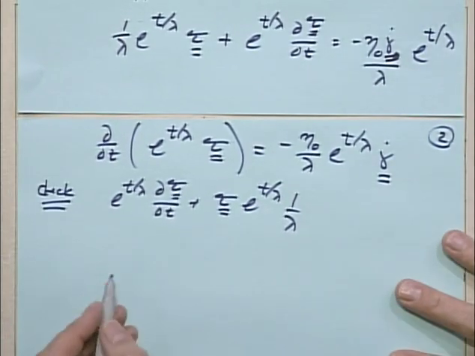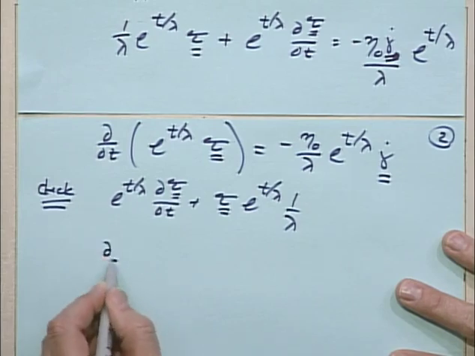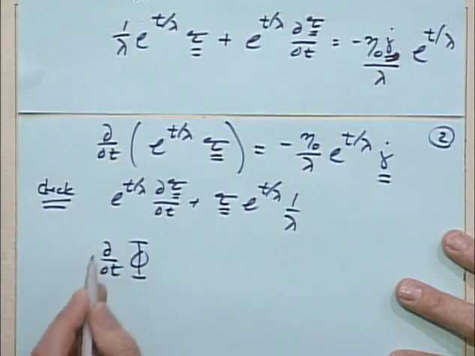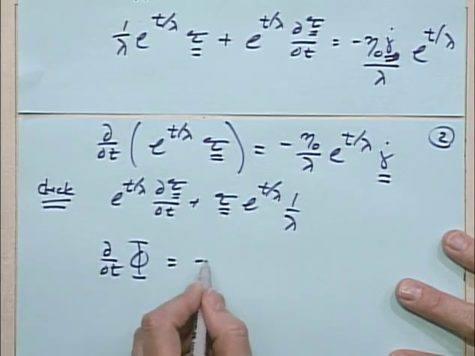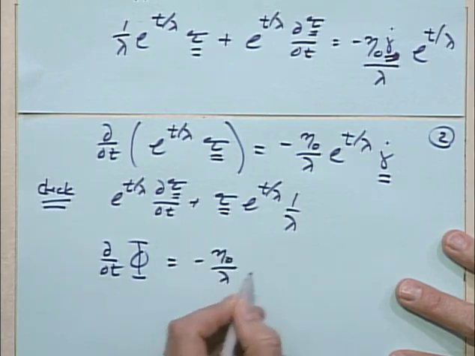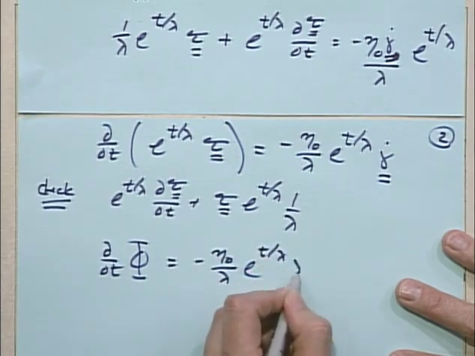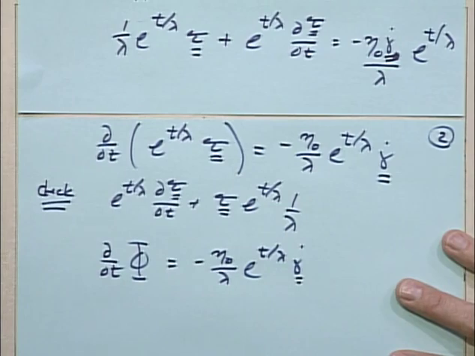So now this looks like d by dt of some function equals some grouping of variables, so that I can integrate.